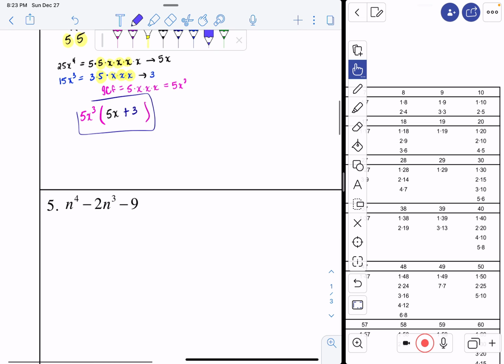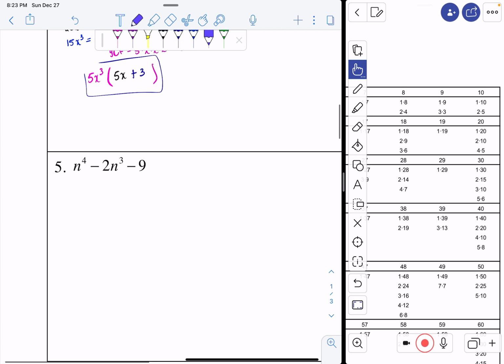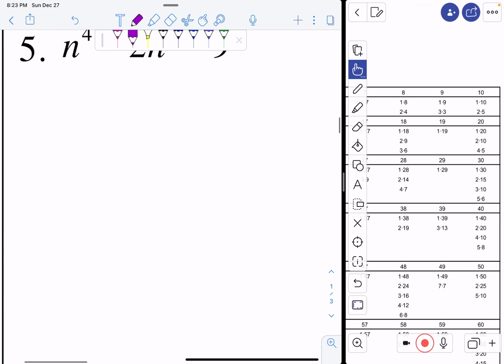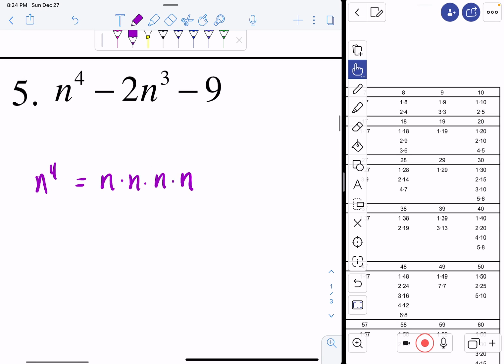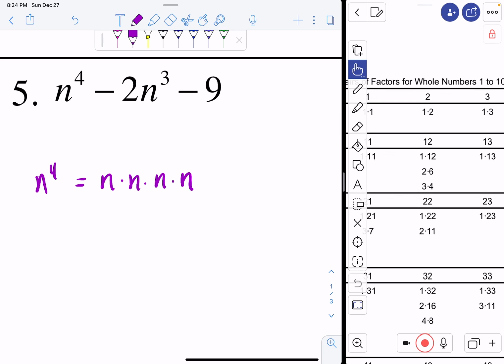All right, let's go on to our next 2 examples. I have n to the 4th minus 2n cubed minus 9. So I can't do anything with my n to the 4th, so I'm just going to write down n to the 4th is equal to n times n times n times n. So 4 n's. To n cubed, I can't break apart a 2, so I'm just going to write 1 times 2 and then 3 n's.